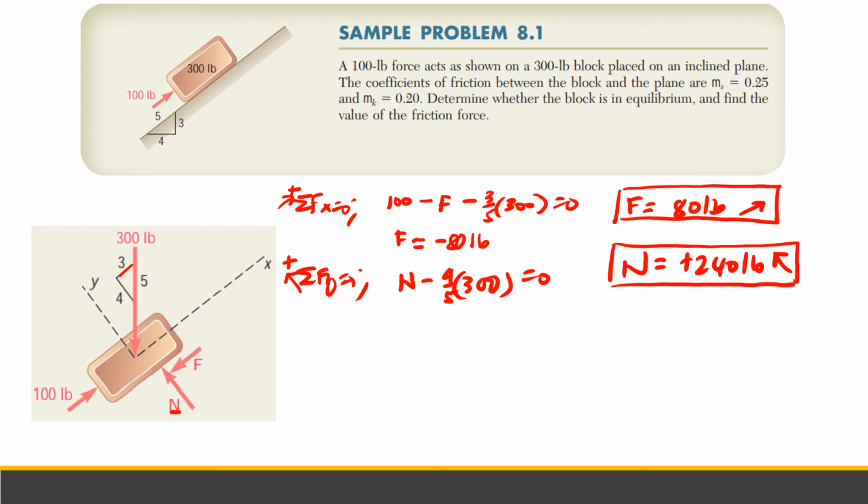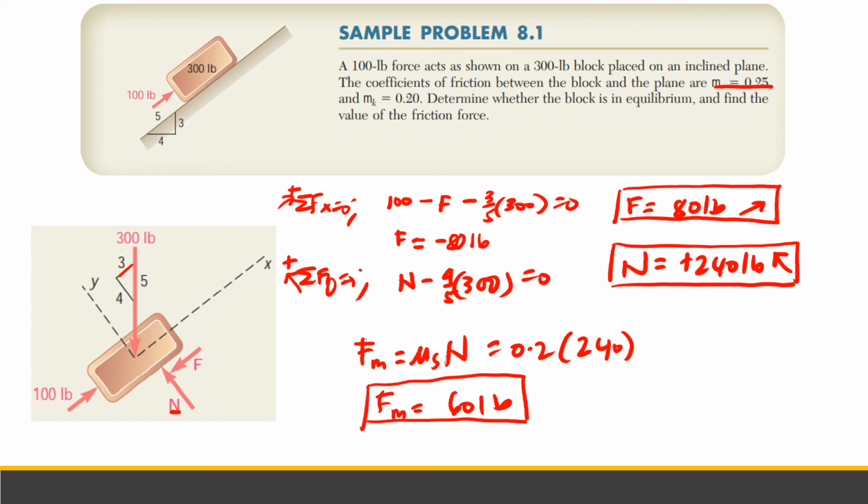The magnitude of the maximum force which may be developed is Fm, the maximum, which is mu s times the normal force. So this is 0.25 times 240. The maximum force is 60 pounds.